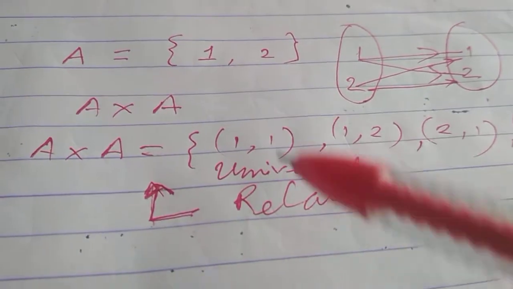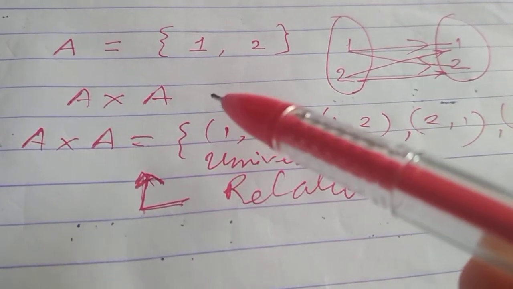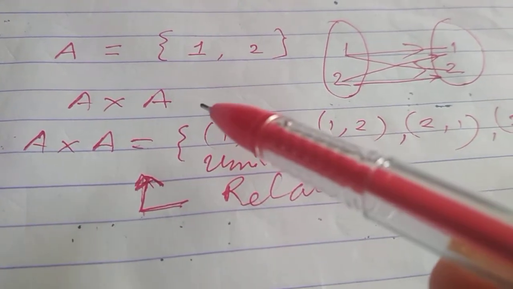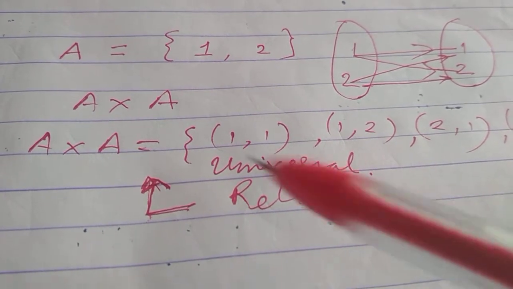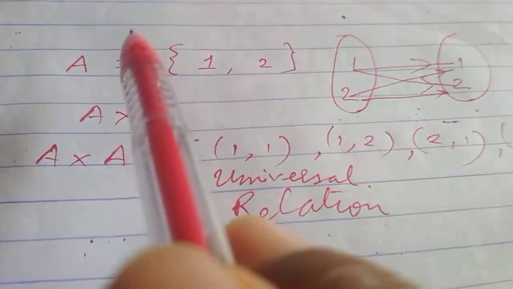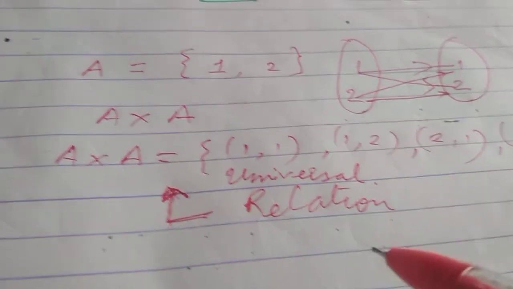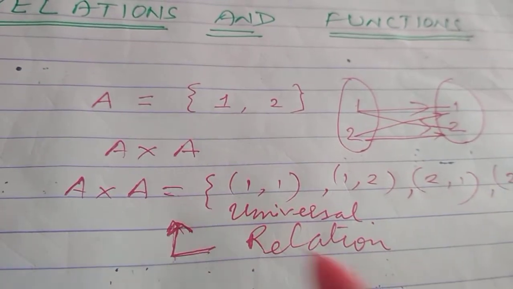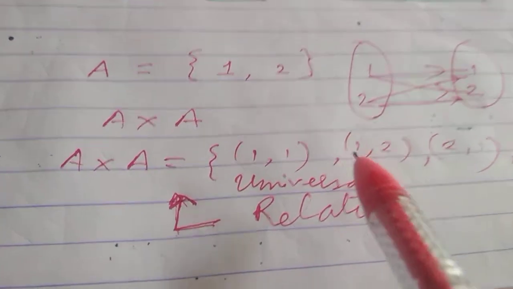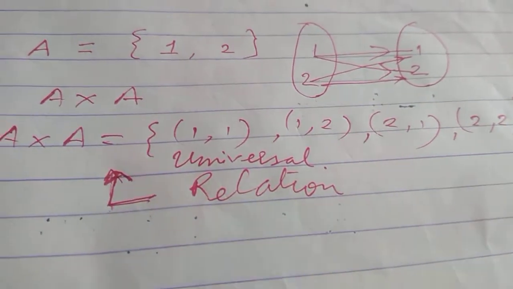If a relation R defined on a Cartesian product is equal to the Cartesian product itself, then the relation R defined on that particular set will be called the universal relation. Universal relation is nothing but the Cartesian product itself of the set on which the relation R is defined.